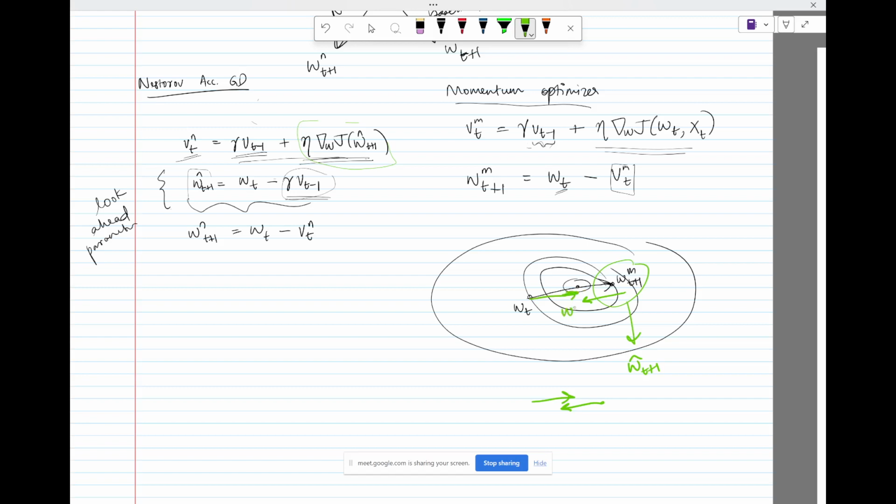So this will be my Wn t plus 1. Because of my look ahead step, it will again bring me closer to my local optima.